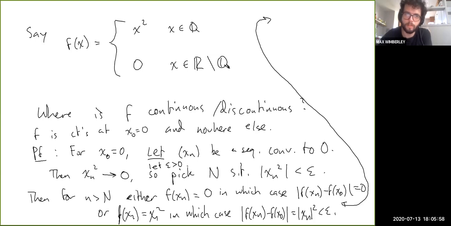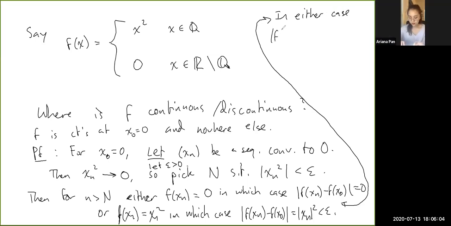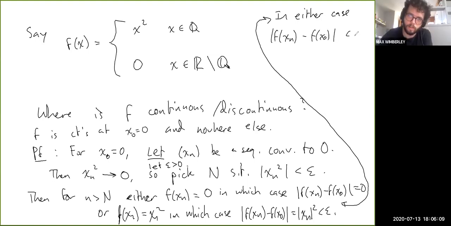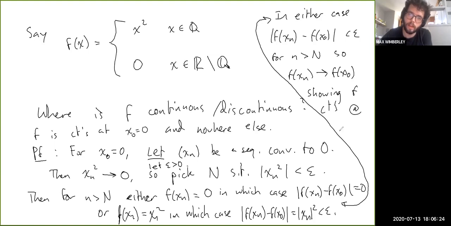So in either case, f of xn minus f of x naught was less than epsilon for n greater than capital N. So f of xn converges to f of x naught, showing f is continuous at x naught equals 0, right?